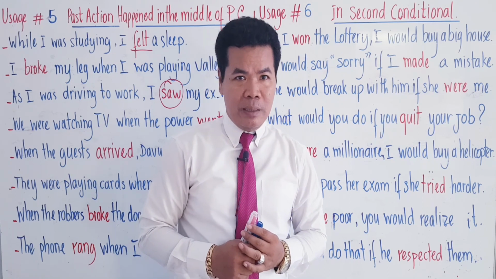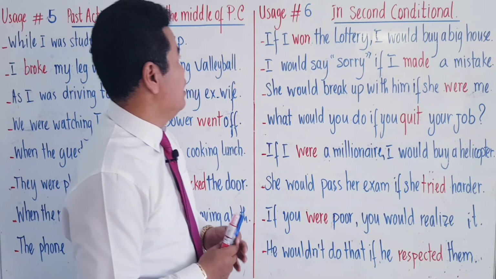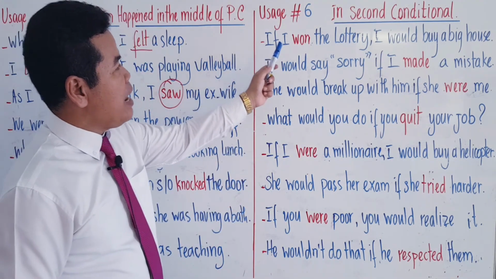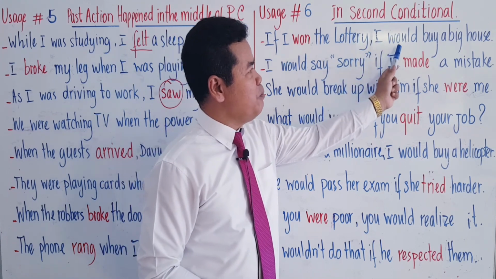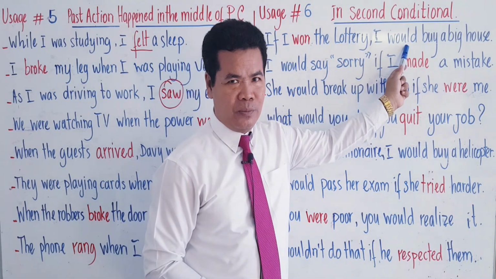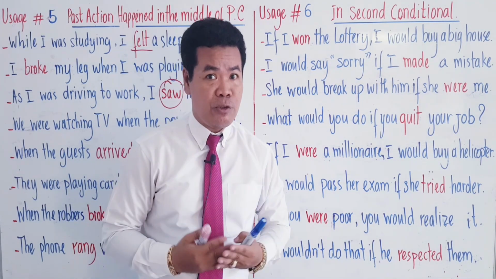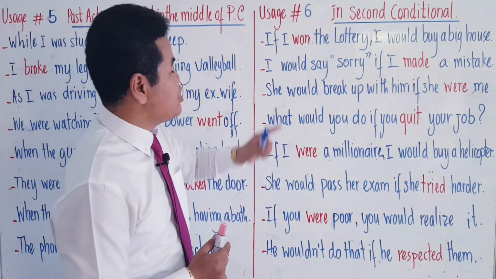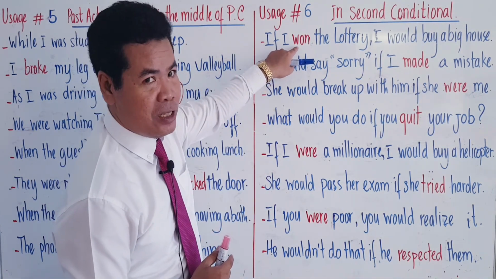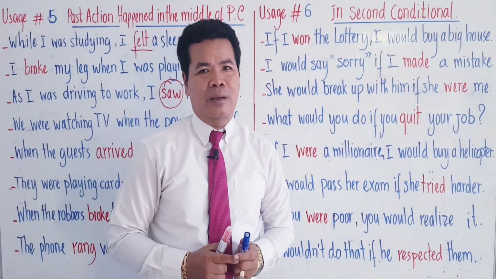Now, let's go to the example to be clear, right? If I won the lottery, I would buy a big house. So the verb we use in the if clause is in the past simple.